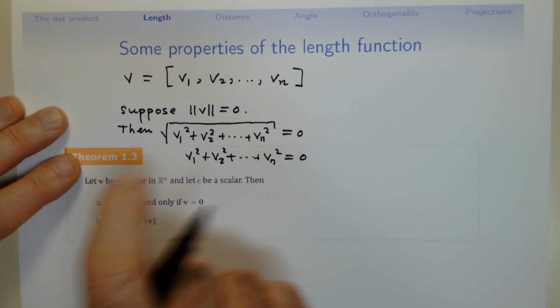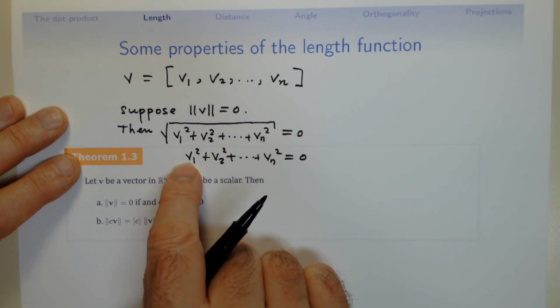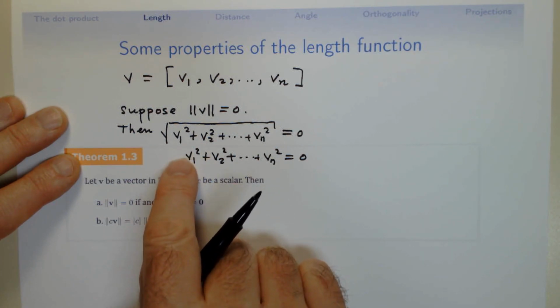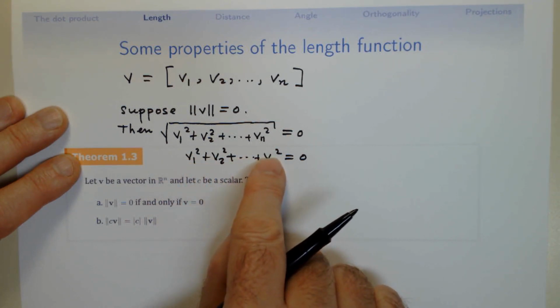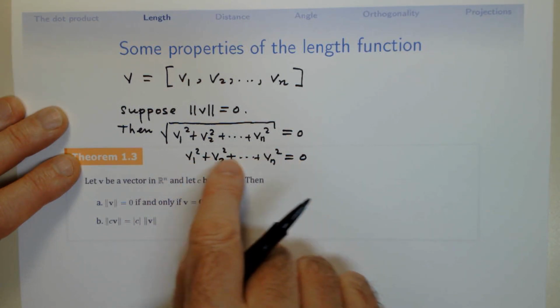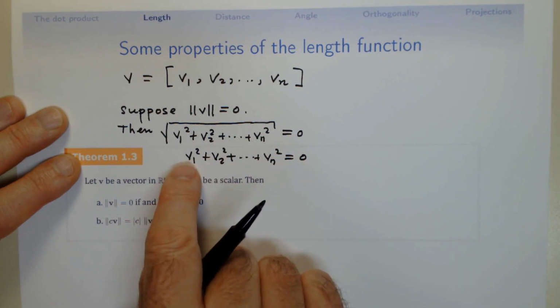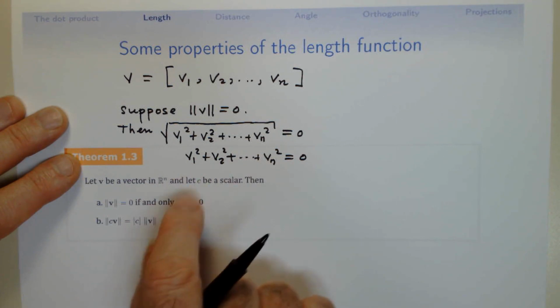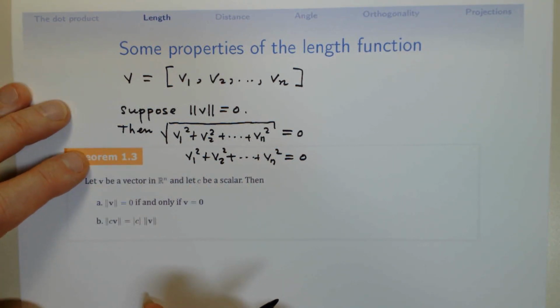Another way to think about this is if any one of these, let's say v1, were positive, then this v1 squared would already be positive, and by adding on a bunch of non-negative numbers, it would force this sum to be positive. So we know that all of these vi's, v1, v2, up through vn, must be equal to 0. Okay, so let's write this out.